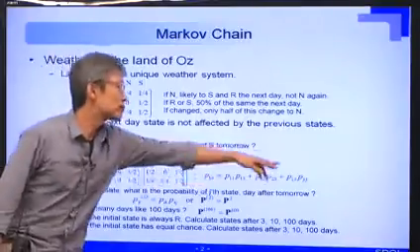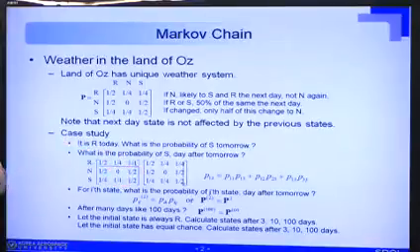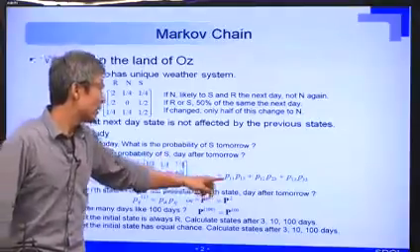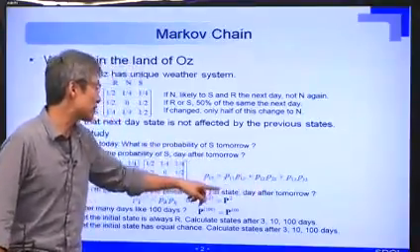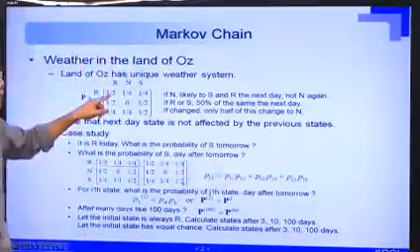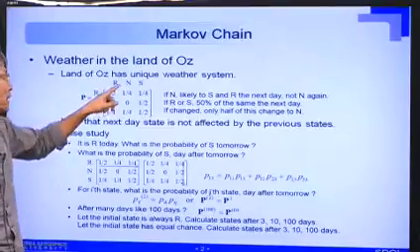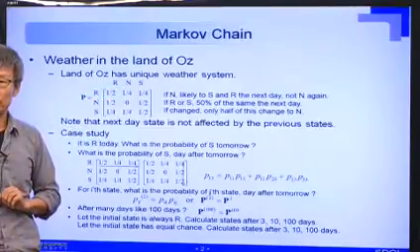In terms of mathematics, it is written here like this. Once again, I repeat. Tomorrow's probabilities are P11, P12, P13. We have 3 different probabilities for R, N and S tomorrow.